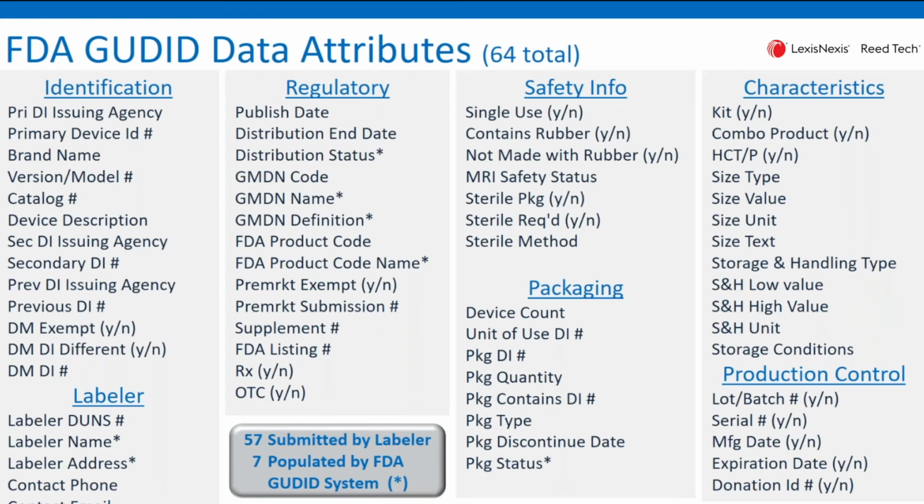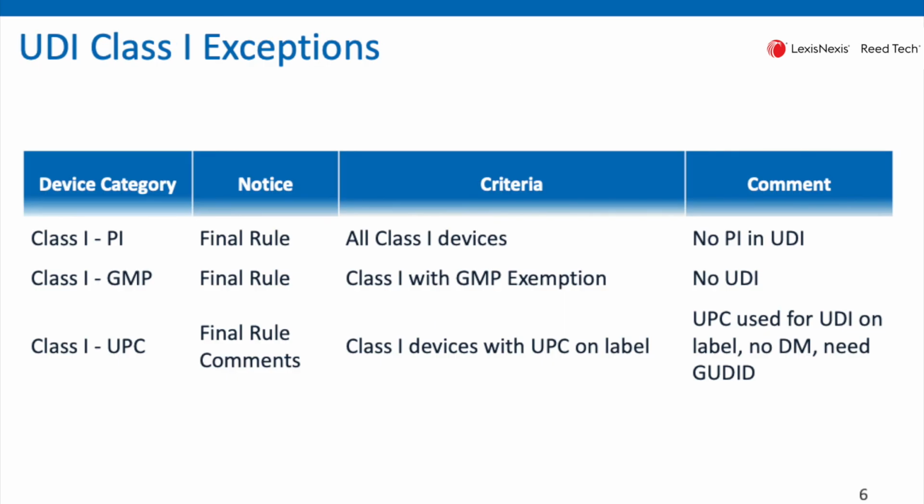Since the Class 1 compliance date has not occurred yet, looking next year, I thought I'd include a couple very specific notes on Class 1 products. Those manufacturers of Class 1 medical devices, if you find that your Class 1 product has a good manufacturing exemption, so a GMP, I'm not referring to a 510K exception.